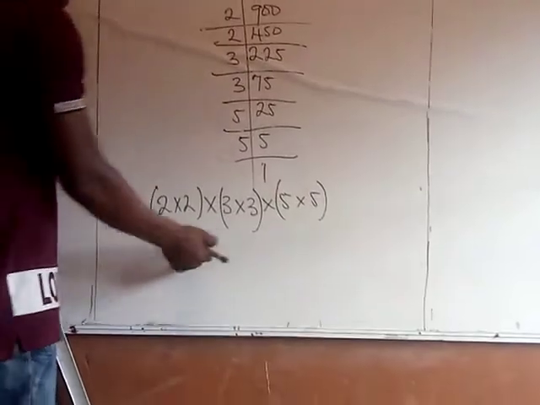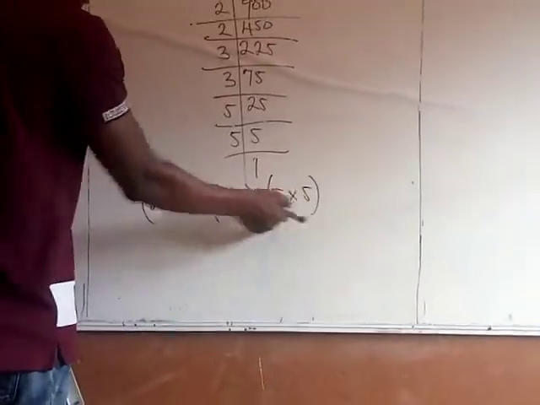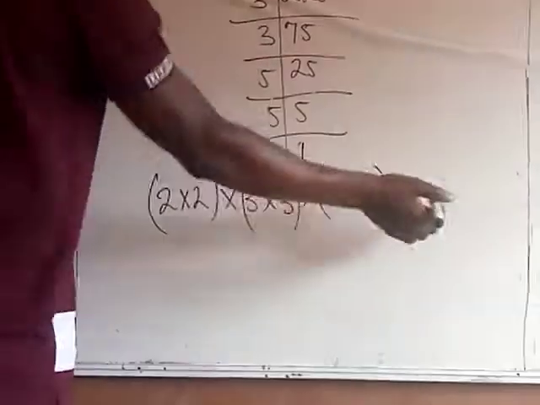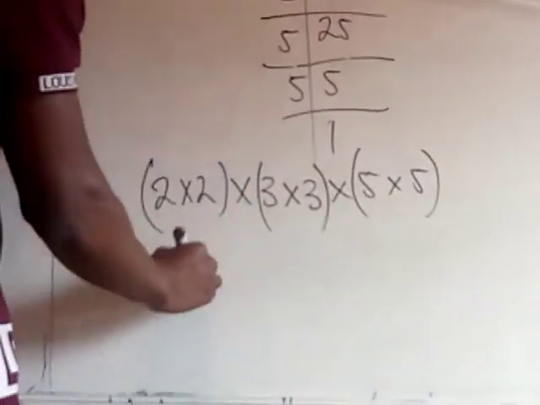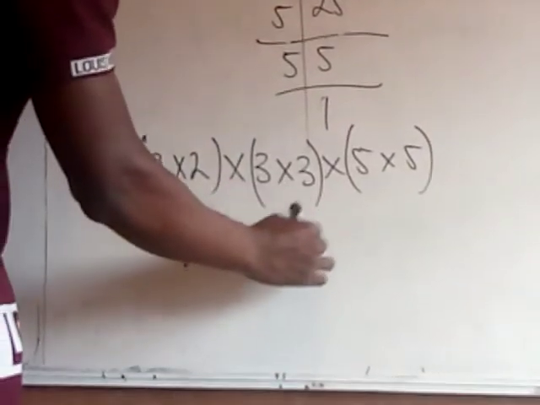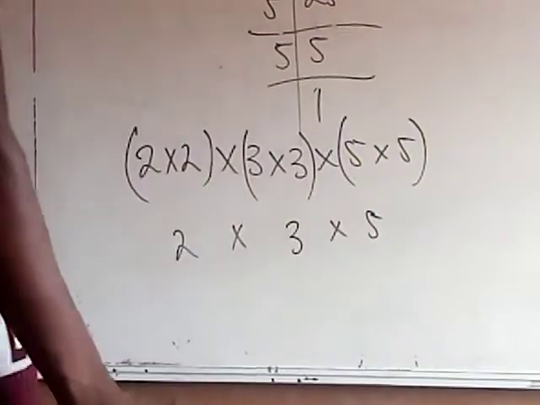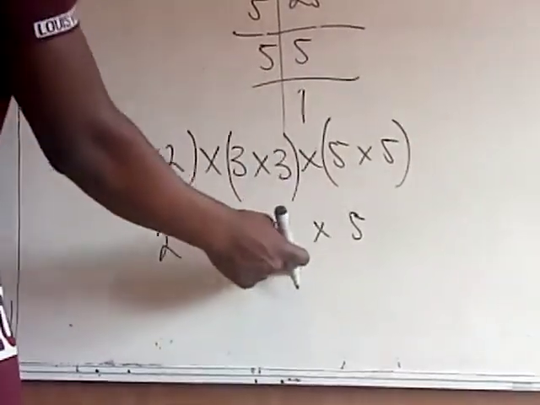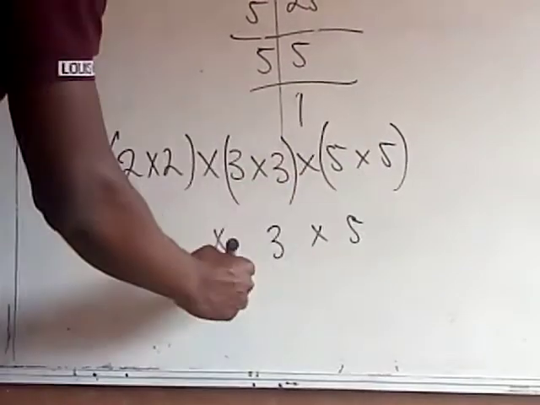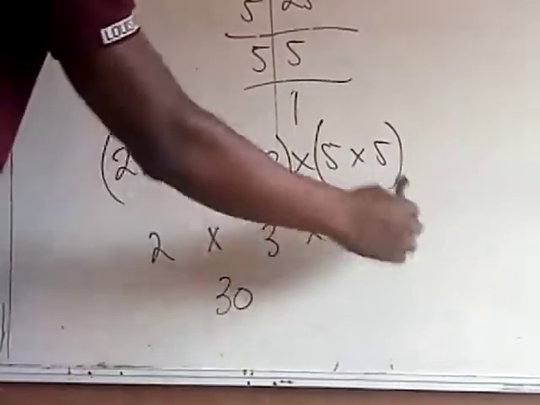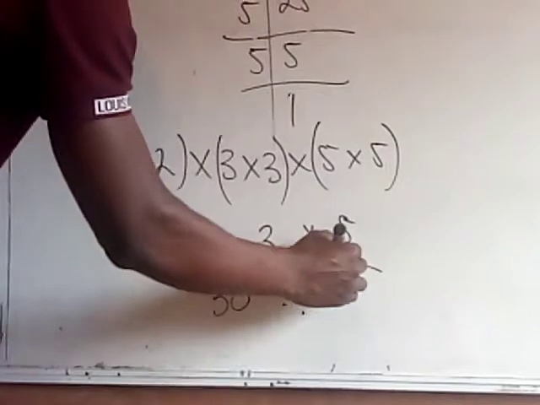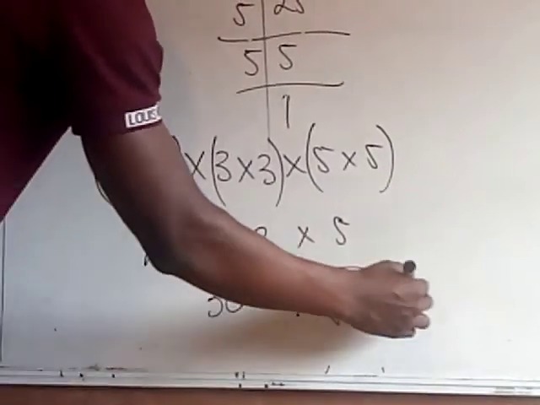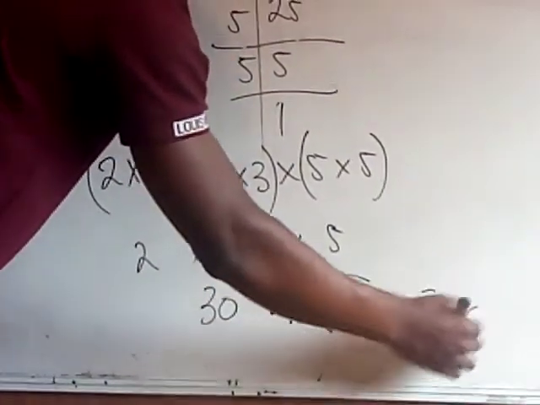So after grouping them, because we have doubles and they are common, you pick one out of each of the brackets. So you have 2 here times 3 times 5. So you multiply them to get a square root. 2 times 3 is 6. 6 times 5 is 30. Therefore, the square root of 900 is equal to 30.